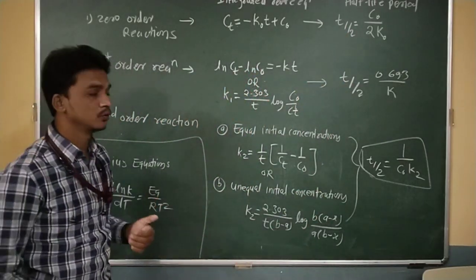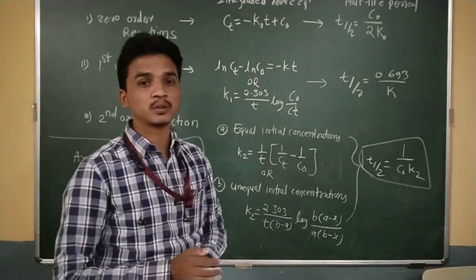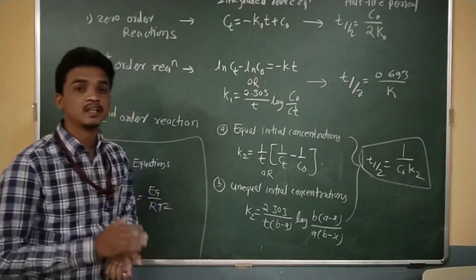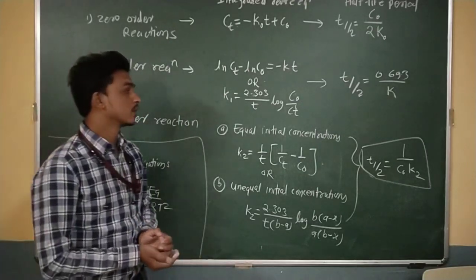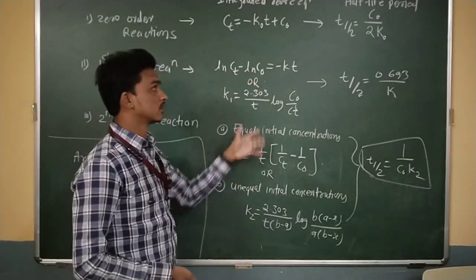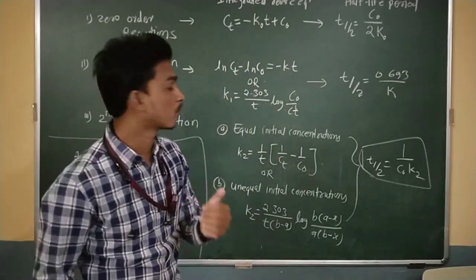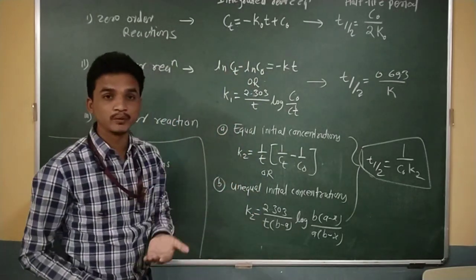All these things you may be asked in your question paper, so you have to prepare all of them in your notebook. On this basis we will solve numerical problems in next video lectures.